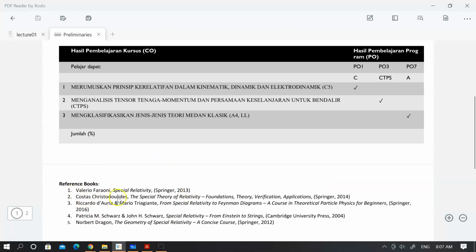The second one is quite good. The third and fourth are probably useful when you do classical field theory. And the fifth one is also quite thin; the book itself is called Concise Course, so you can also look it up.